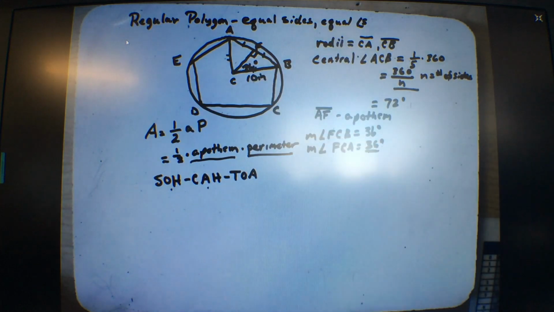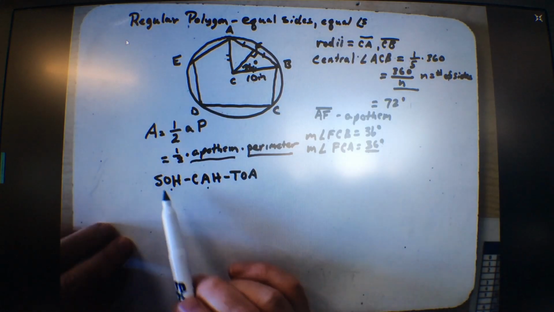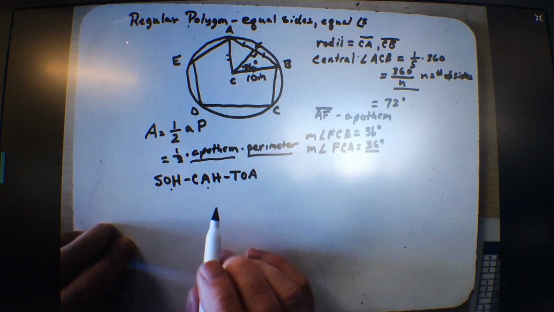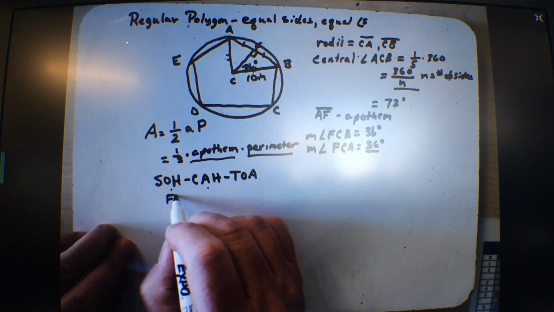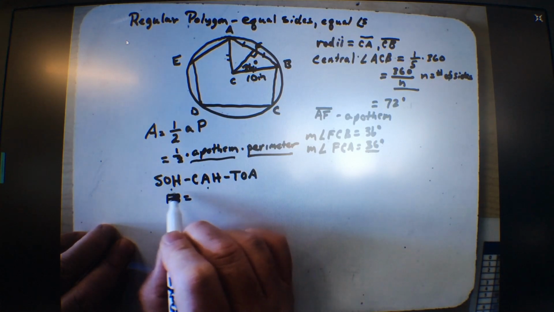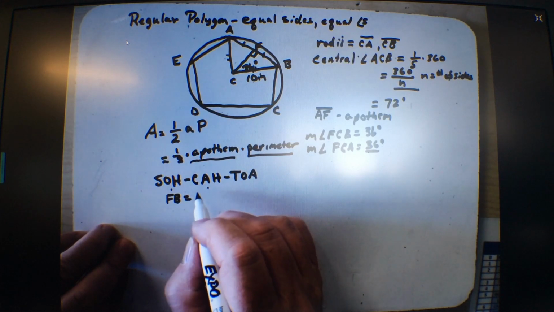Okay, so I want to find FB. So according to the 36 degree angle, what is FB? Is it the opposite side or adjacent side? Opposite. So I'm looking for opposite over hypotenuse, which is sine, correct? So FB, the length of FB, notice I don't have a line above it because it's the length.